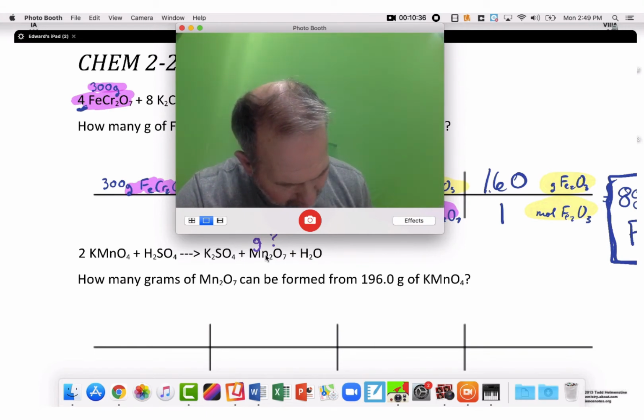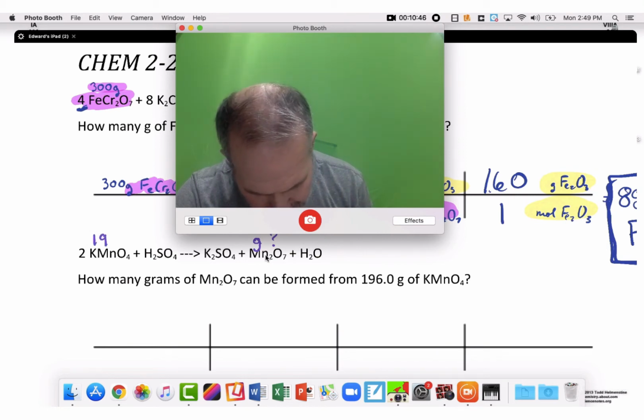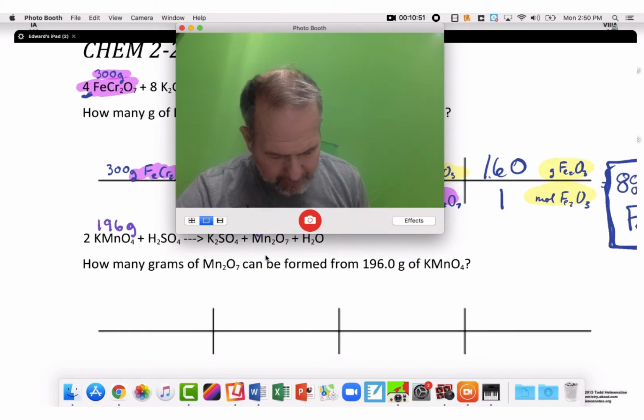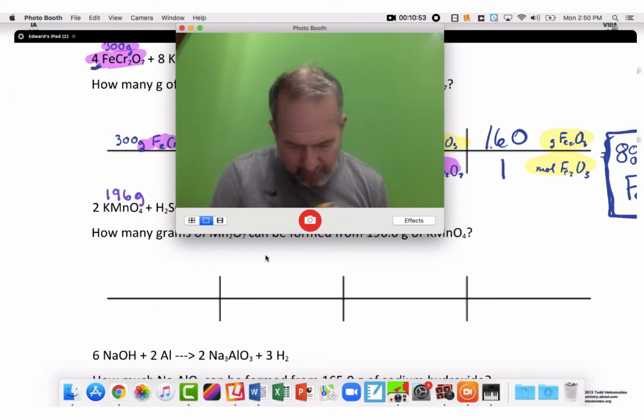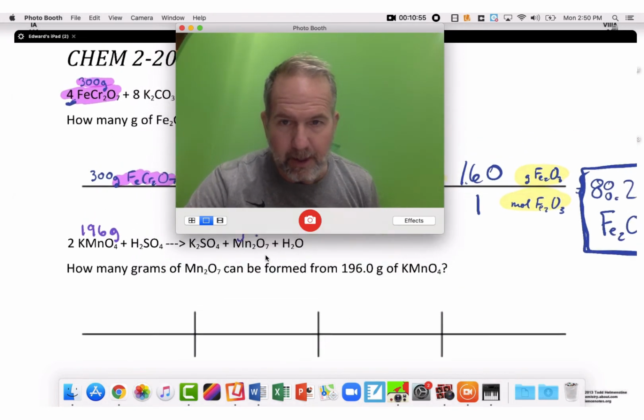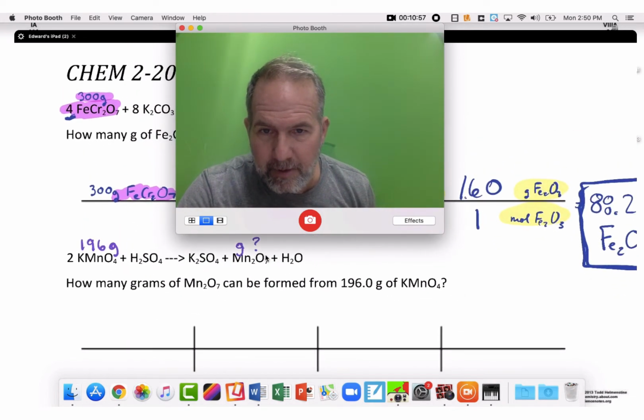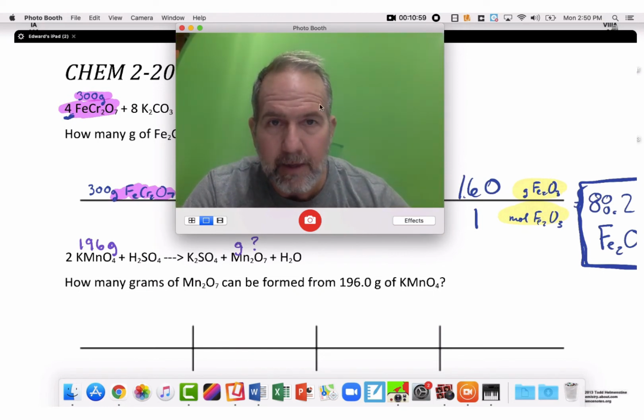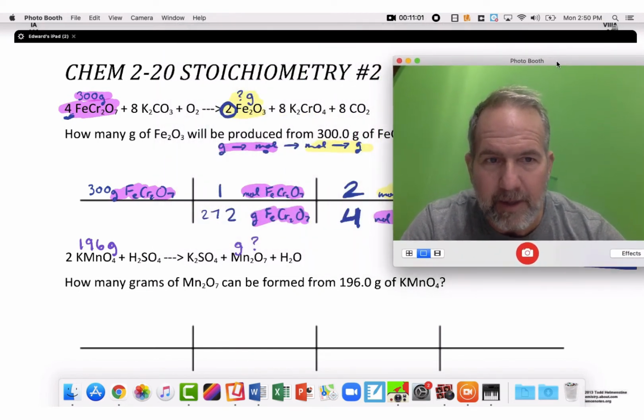And it can be formed from 196 grams of KMnO4. So 196 goes up here. Okay, and that's what we got. Once I write that down, that's all you need to know right there.